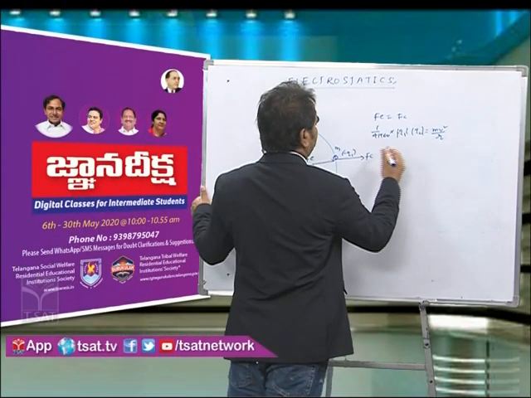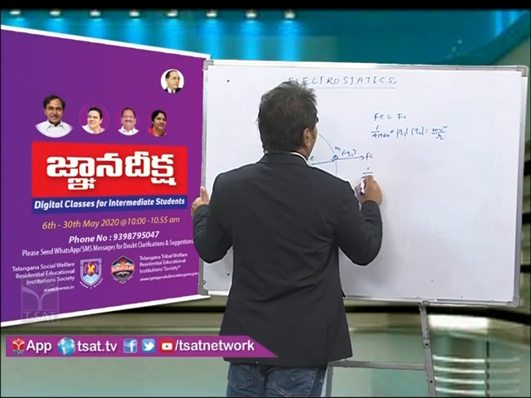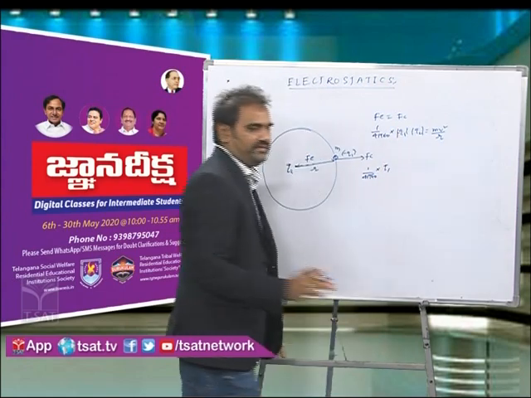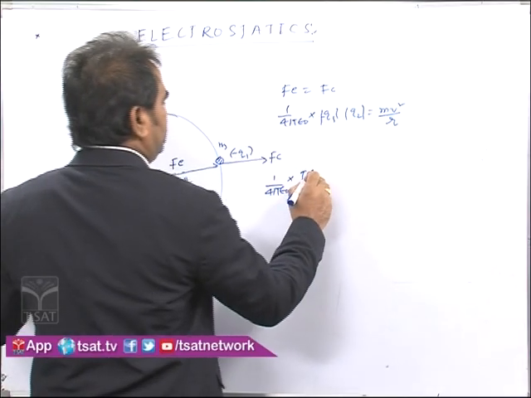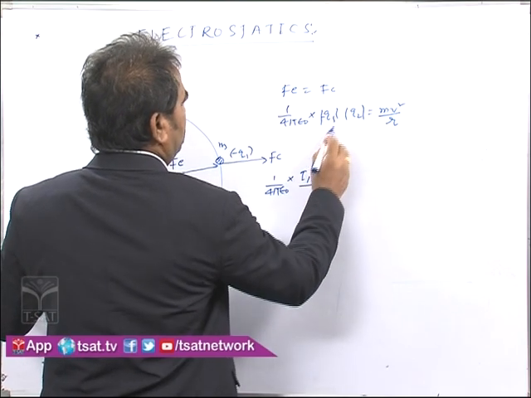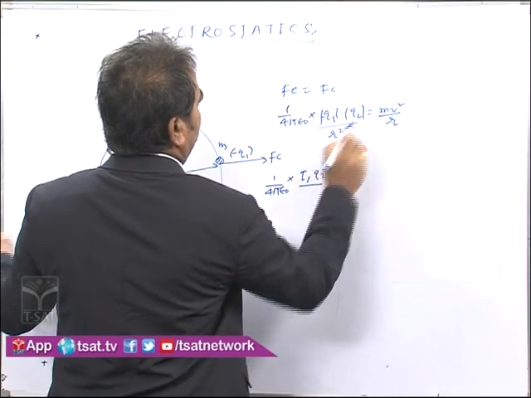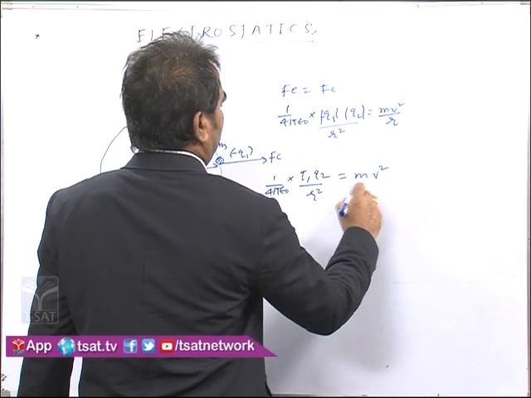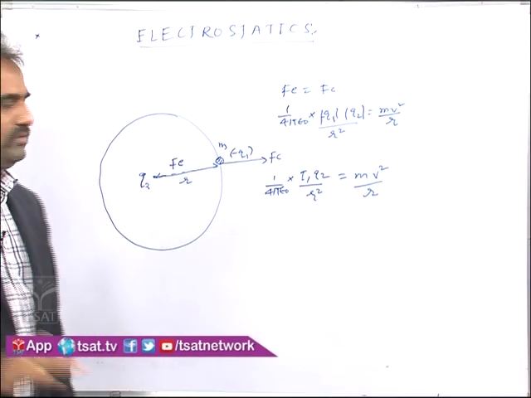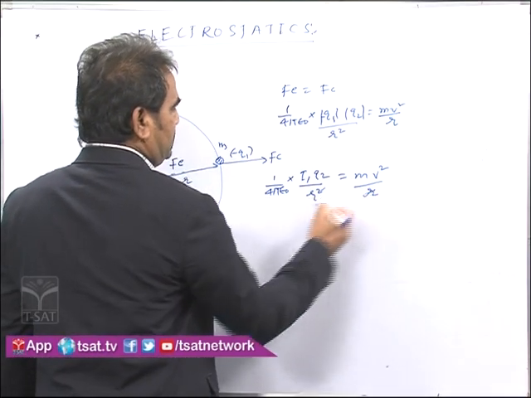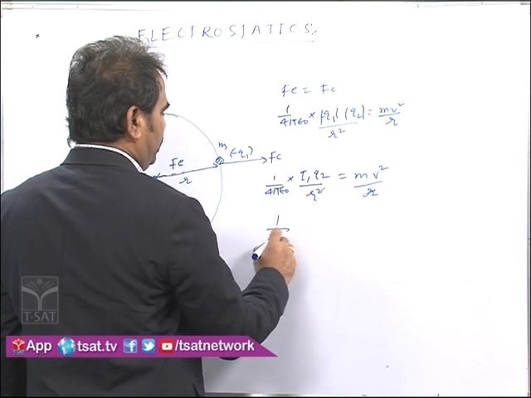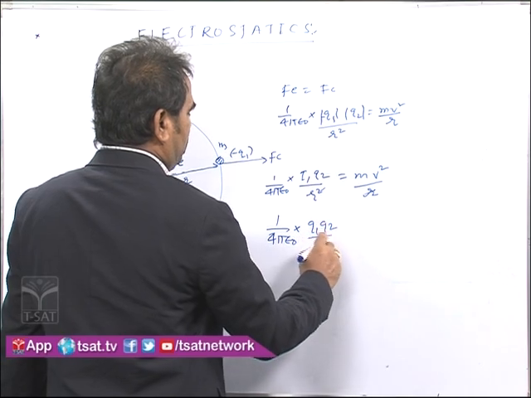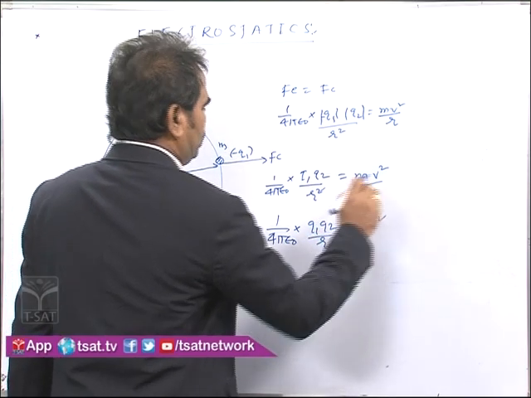So 1 by 4 pi epsilon naught into q1 q2 upon r square is equal to mv square upon r. On both sides, r gets cancelled. Therefore, 1 by 4 pi epsilon naught into q1 q2 upon r is equal to mv square.